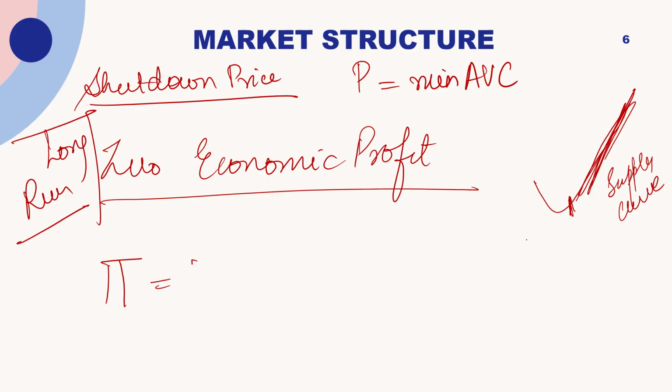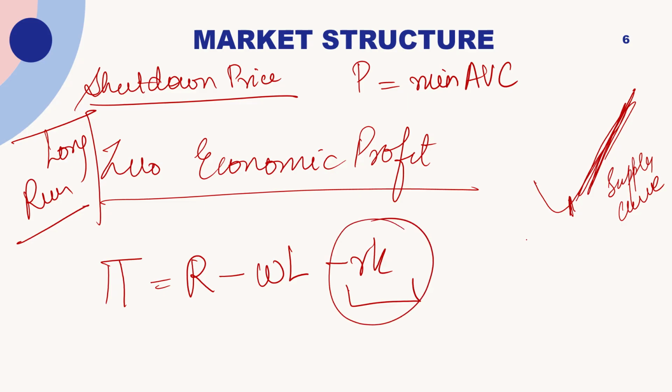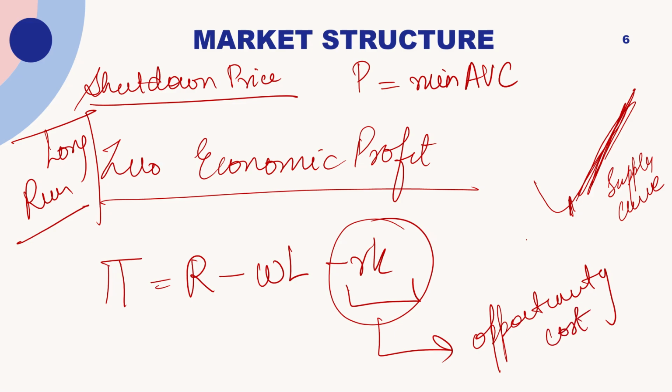Your pi will be R minus WL minus RK, where this RK part, your capital part, is basically your implicit or the opportunity cost. This part can be used elsewhere. We had talked about opportunity cost being included in the first part of this lecture. So this is what I was talking about, this portion of the formula. This is your opportunity cost or your implicit cost. So this is all about perfect competition.